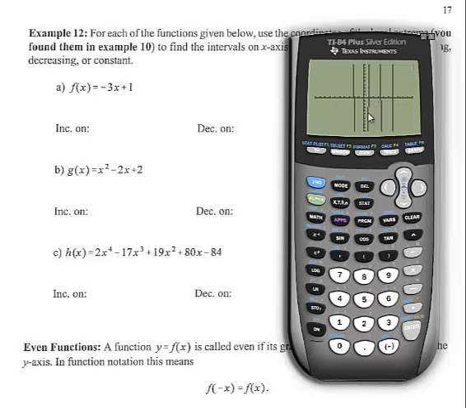Okay. At this point, you could move around using your zoom menu and find a better picture of the function. This is actually one we did in a previous example. I'm just going to sketch it here.